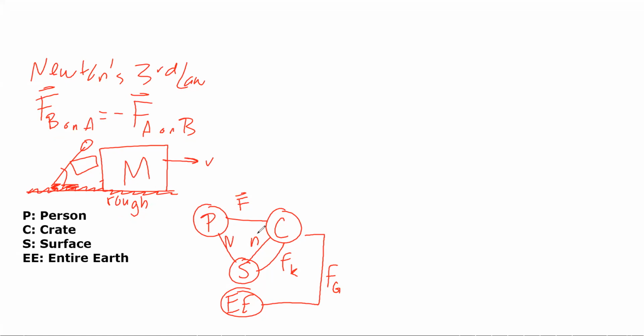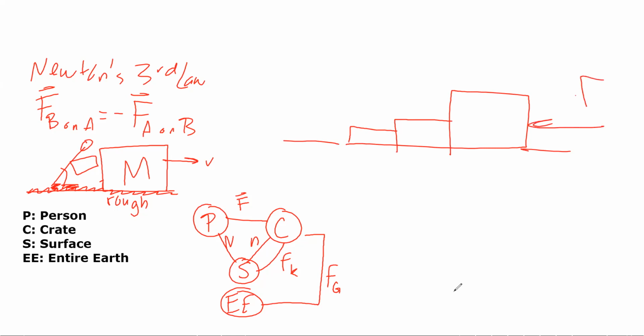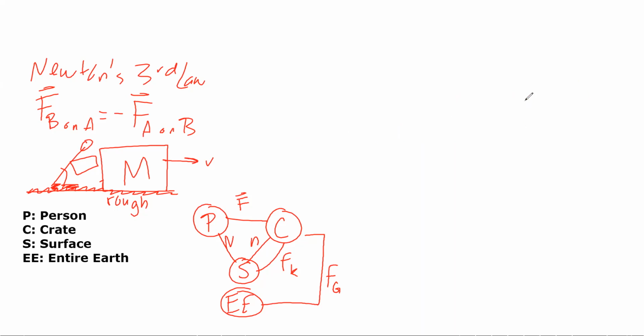Like if you imagine a pretty simple example of a third law problem, you've got three blocks all on a surface and you're pushing one. Well, all of them have different normal forces because they're different sizes. So capital N is what we'll use for the person, but there's also a tricky one.